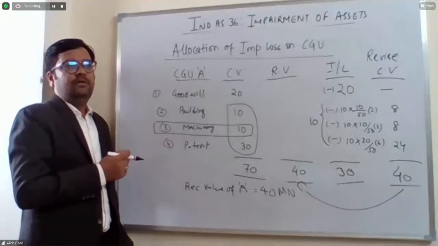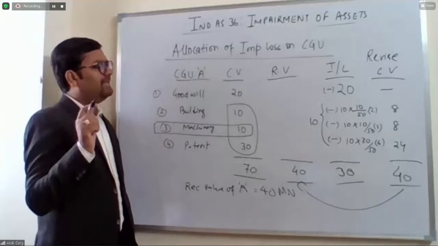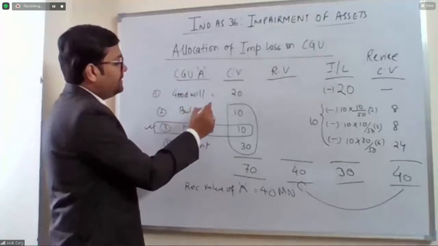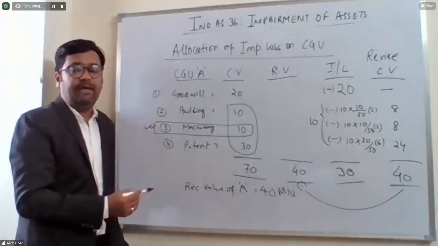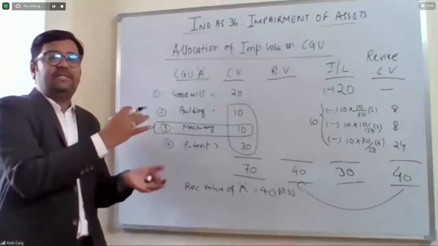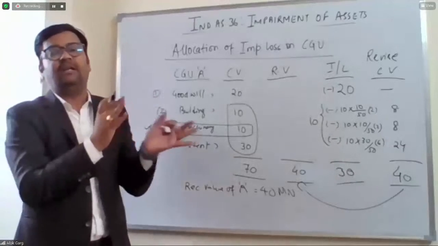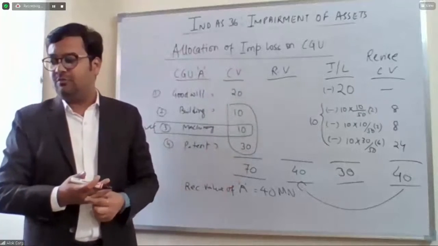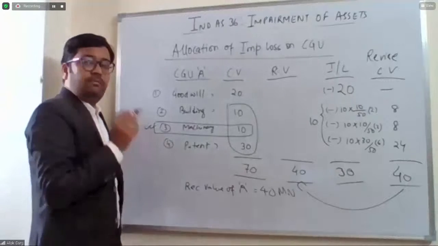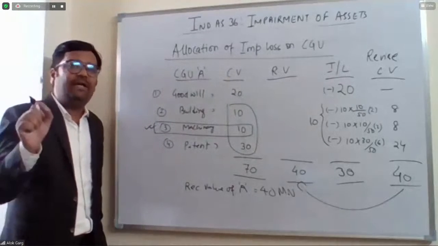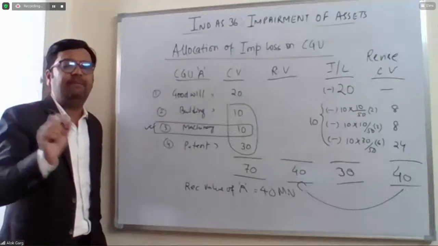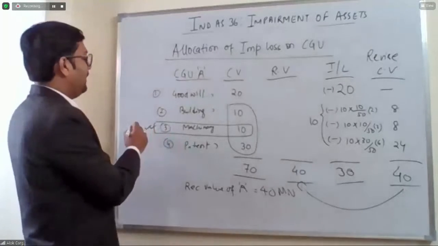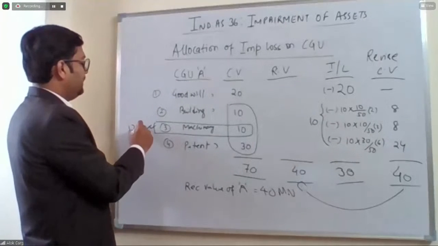So for example, this machinery can generate cash flow independently, but these 3 assets cannot generate cash flow independently, and hence these 3 assets are clubbed with the machinery, so that the entire group becomes a CGU. So the company can calculate the recoverable value of the machinery independently, and it is 12 million.